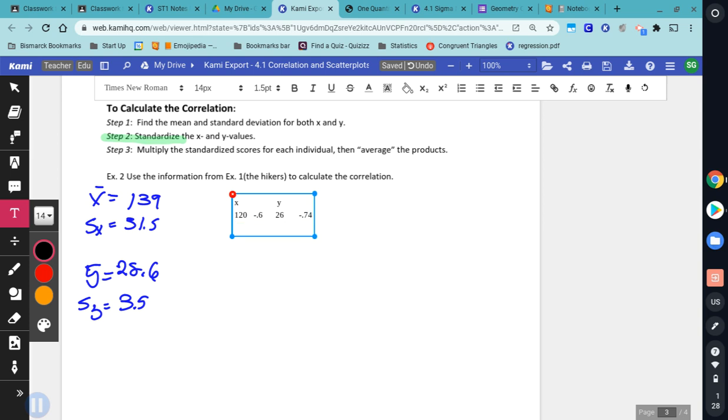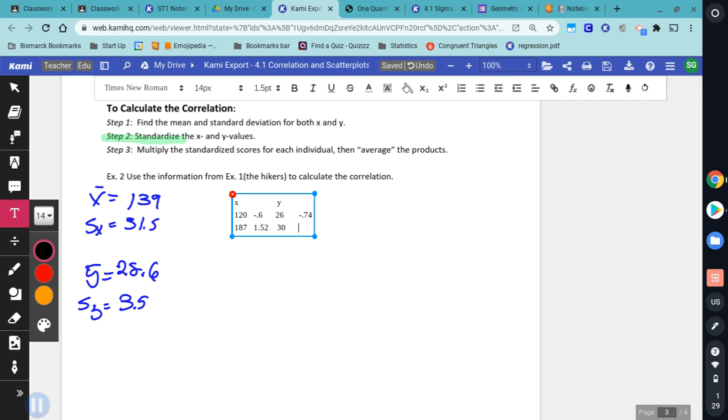Okay, so do the same thing with 187. 187 minus 139. Divide that by 31.5. I get 1.52. And then I'm going to do the same thing with 30, because that's the y coordinate that goes with it. So it's 30 minus 28.6.